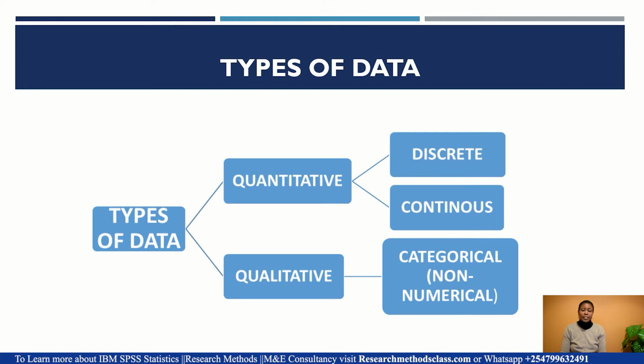We have the two major types, which is quantitative and qualitative, and then quantitative is again categorized into two. We have discrete quantitative data and continuous quantitative data, whereas qualitative, which is non-numerical, is also categorized as categorical.